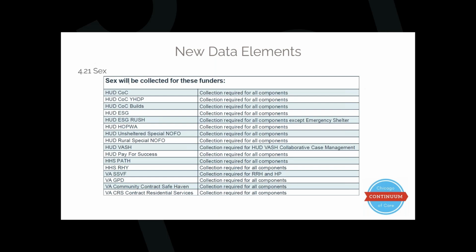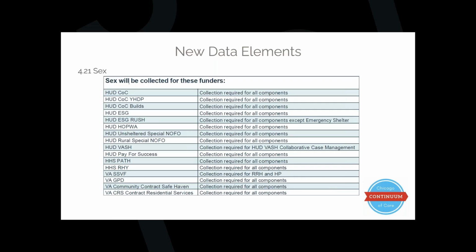When it comes to the new sex field, it is required for various federal funders. For HUD, that is HUD CoC, HUD CoC YHDP, CoC Builds, ESG. When it comes to ESG RUSH, it's required for everyone except emergency shelters.